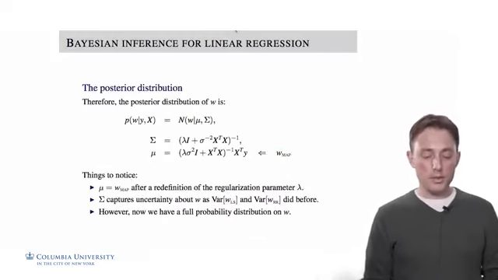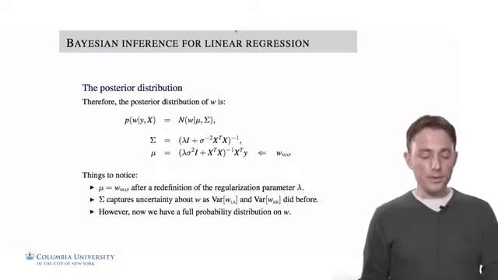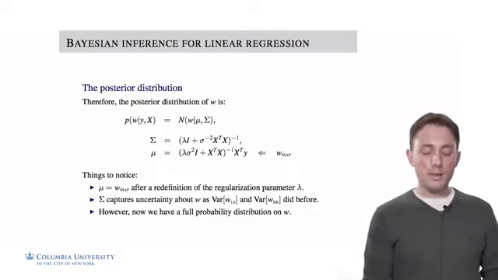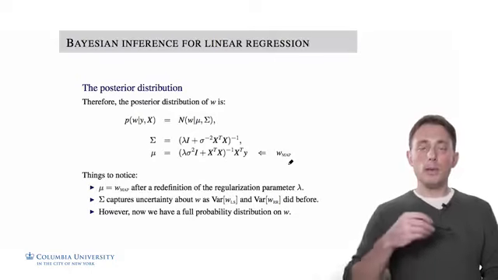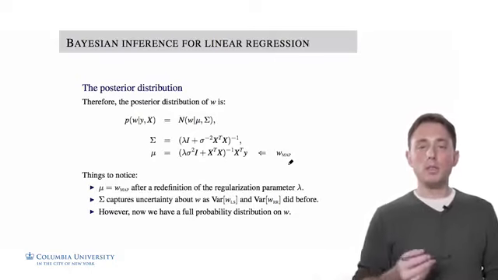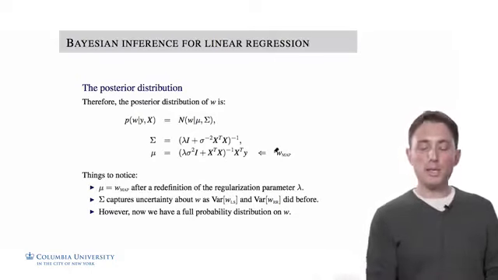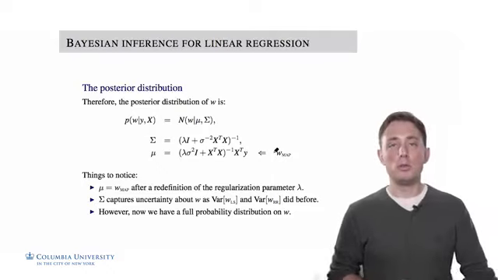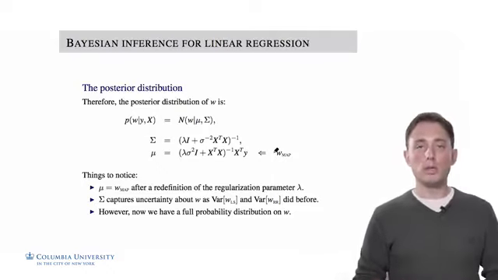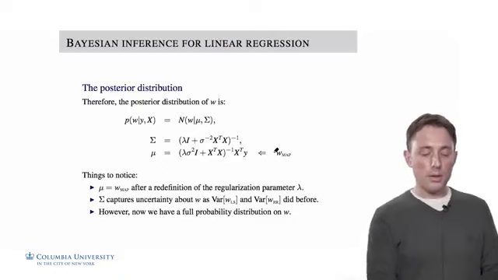Let's look at a couple of interesting things about this. First, notice that the solution for the mean of the posterior distribution is equal to the MAP solution. So if we use Bayes' rule to calculate a posterior distribution of w, the mean is going to be equal to the MAP solution, which we also know is equal to the ridge regression solution.